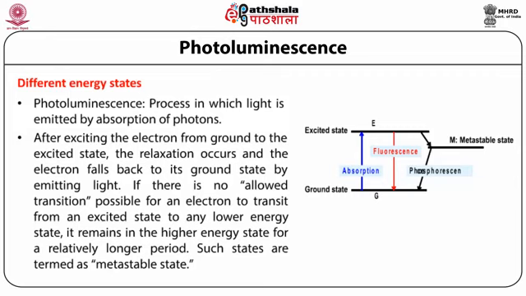If no allowed transition is possible for an electron to go from an excited state to any lower energy state, it remains in the higher energy state for a relatively longer period. Such states are termed metastable states.